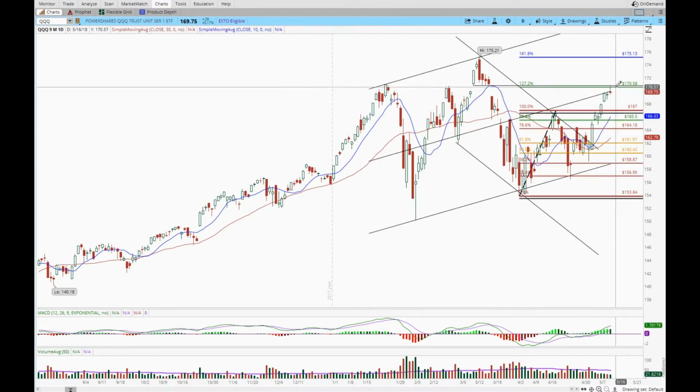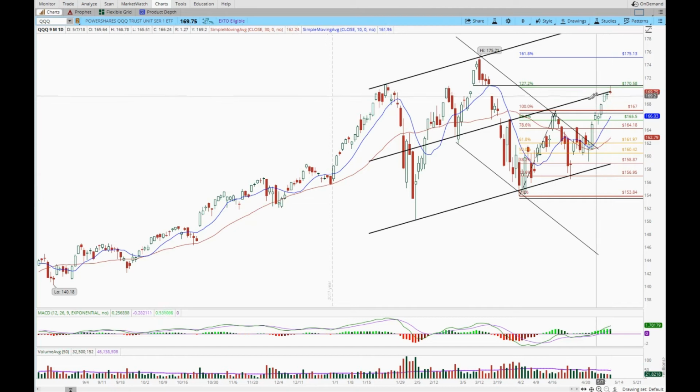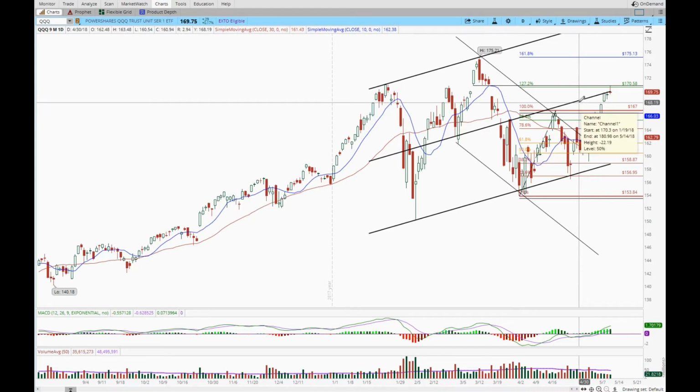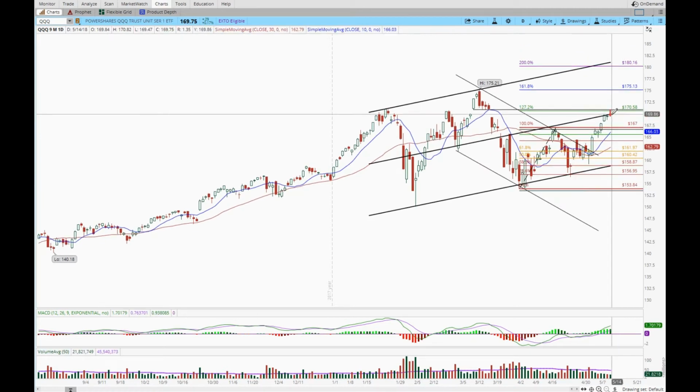So it filled the gap and then retraced back a little bit. So right now it's at the point of this middle range on this channel. We can see that it retraced a little bit.